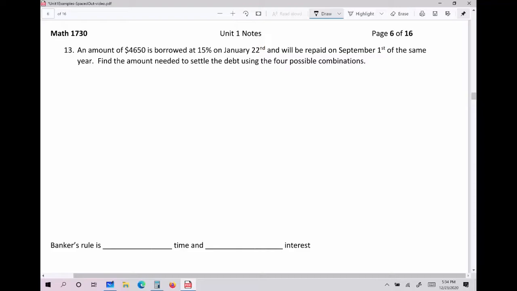Okay, so here we have an amount of $4,650 borrowed, so that tells us that it's our P. It goes at the beginning, and that's on January 22nd, and then it's repaid September 1st of the same year.